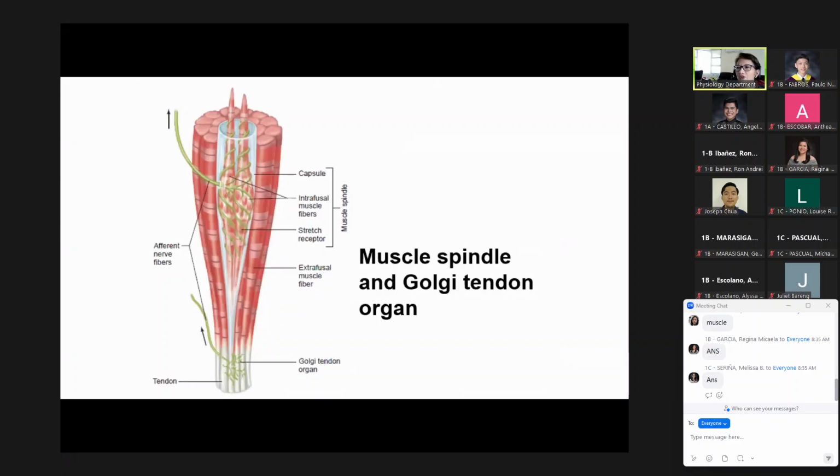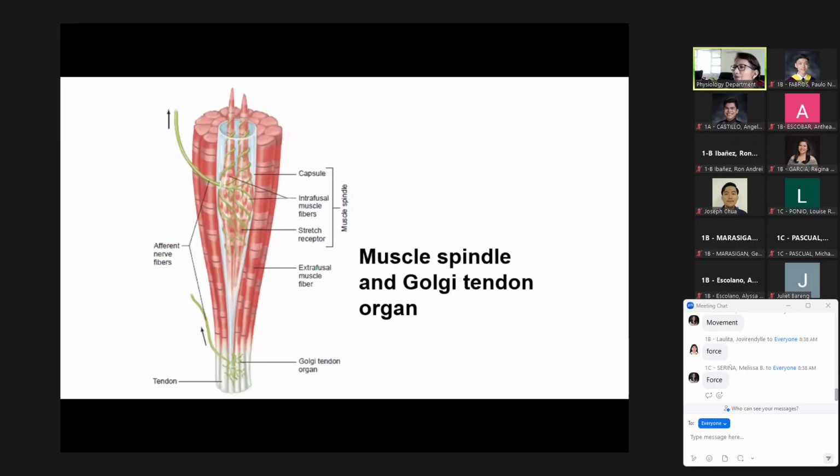What information do we get from proprioceptors? Position sense, yes. Position and movement, equilibrium, position and balance, yes. Force, yes. Very good. So these are proprioceptors. You also have joint receptors, wala dito.